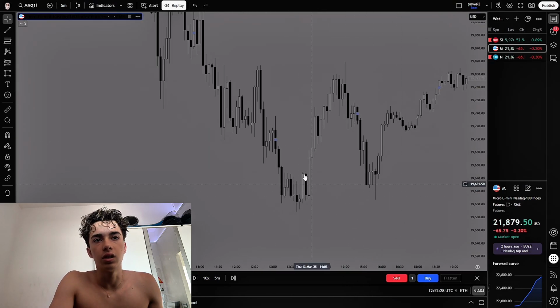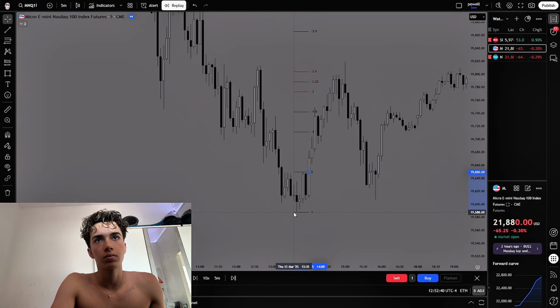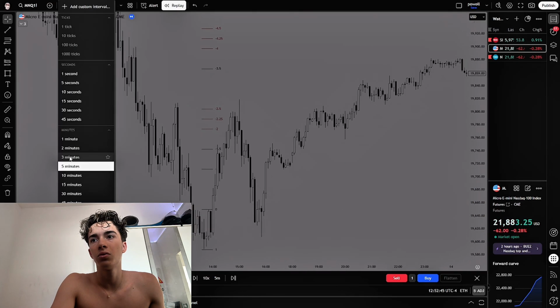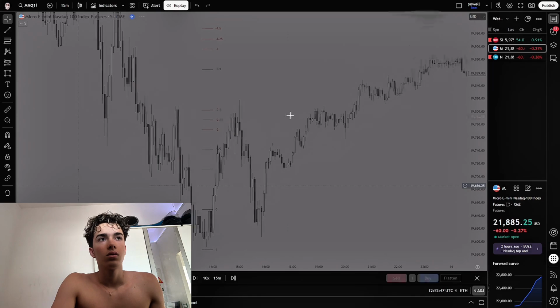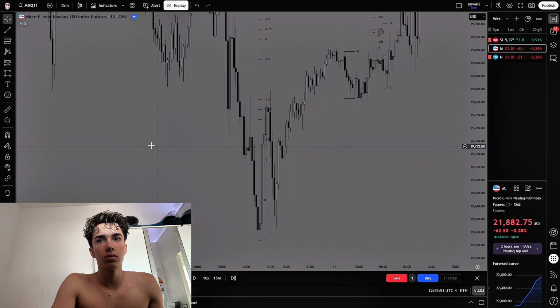Okay, this is shitty price action, but let's say this was an AMD, this was the manipulation leg, and it was like this. Okay, let's go back to the 15-minute.